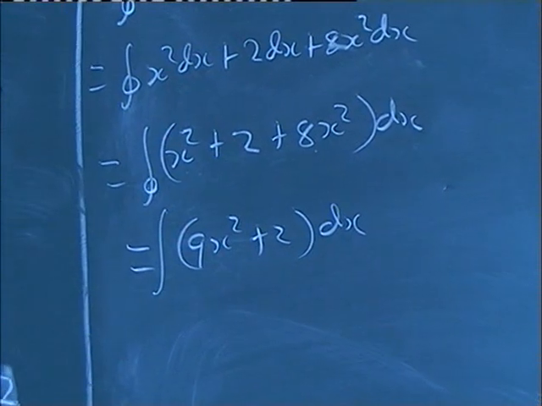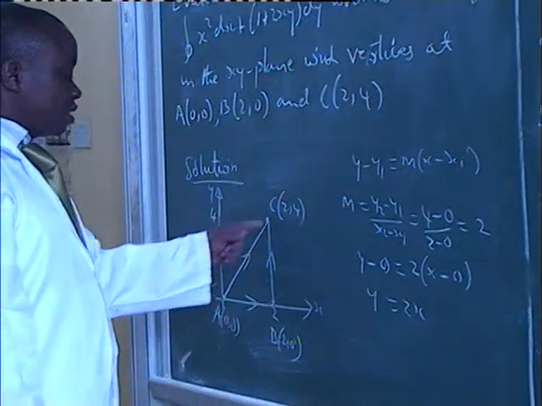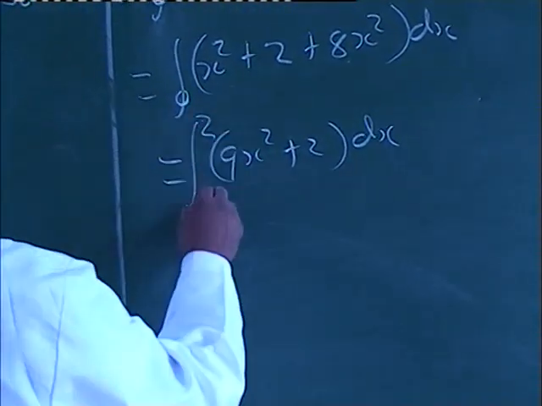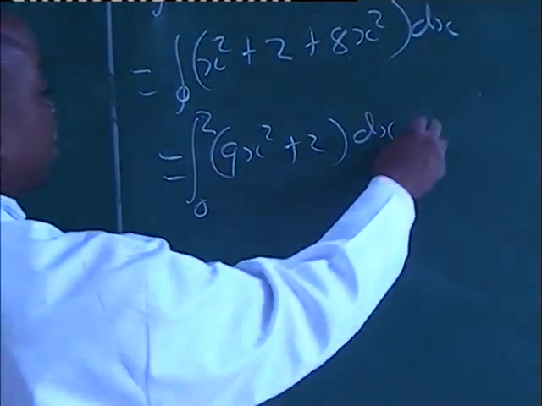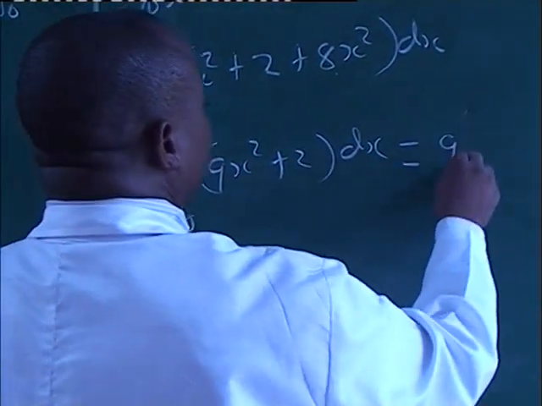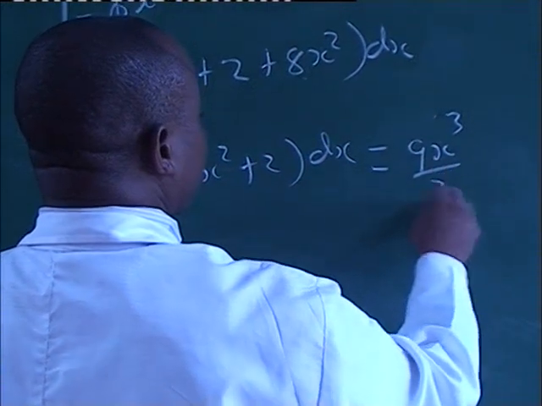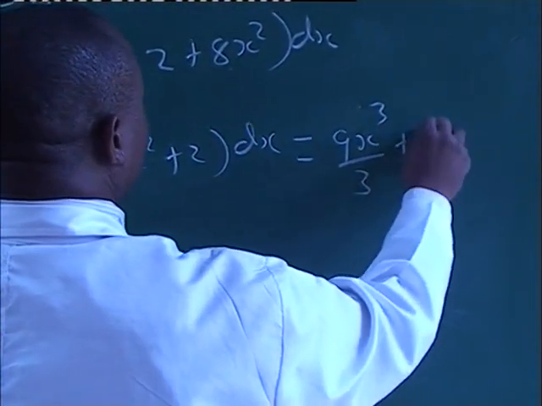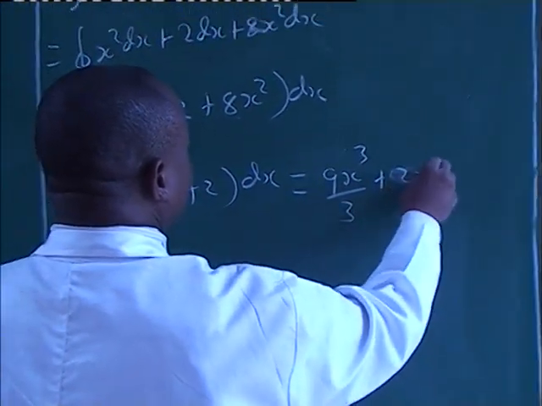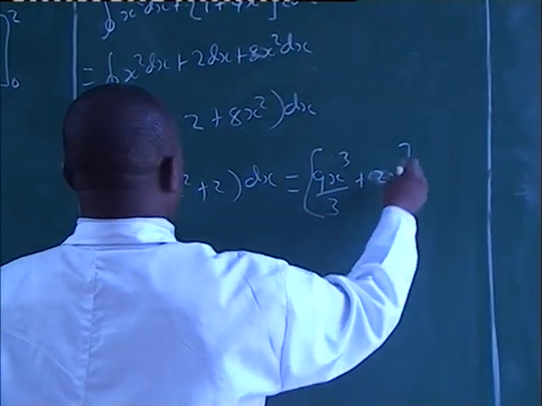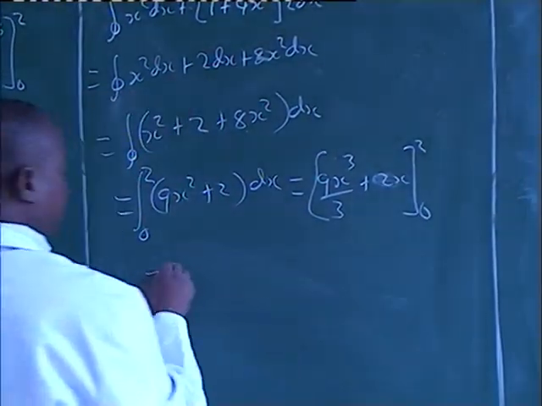The limits from here become 2 to 0, the x side that we are taking. So we have 2 to 0. If you integrate it, you have 9x cubed over 3 plus 2x, then we have 2 to 0.